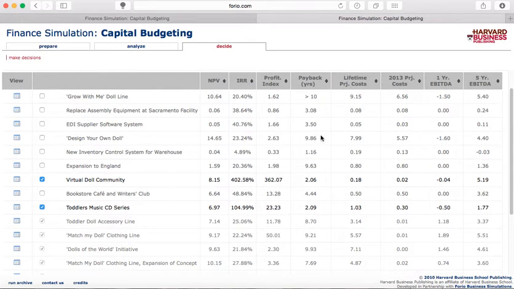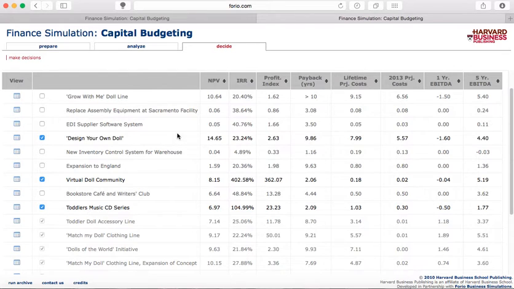Looking at some of these other numbers is where we might want to consider our decision. For the supplier software system, while it does have the highest internal rate of return, this number is significantly low, so that will not increase our company value significantly, so it may not be a good investment.